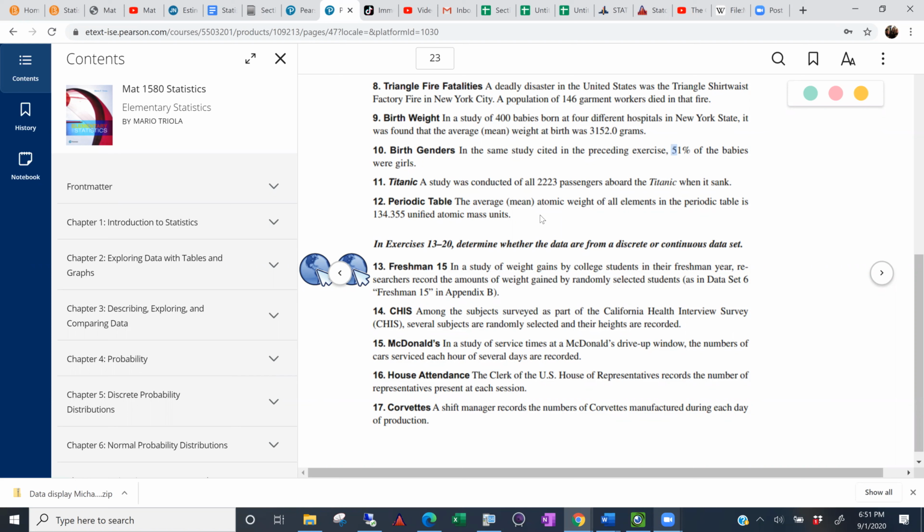Yeah, there's only so many particles that can fit in a nucleus of an atom, and so that gives us a finite number of elements on the periodic table. So if you're conducting a census, getting data from all the elements in the periodic table, the values that you calculate from that data are going to be parameters. So that one's a parameter.